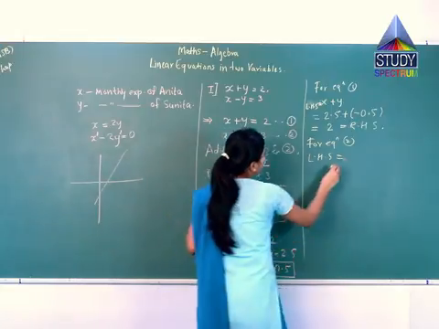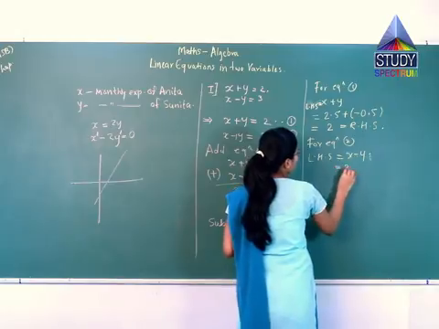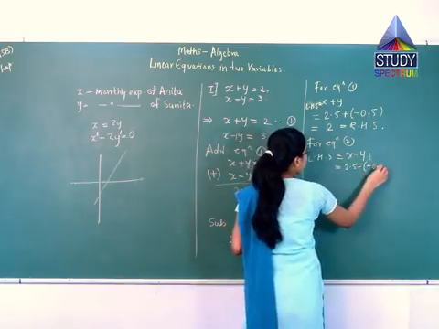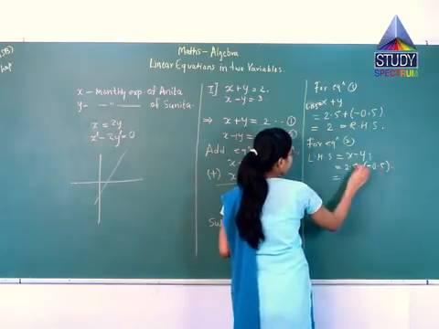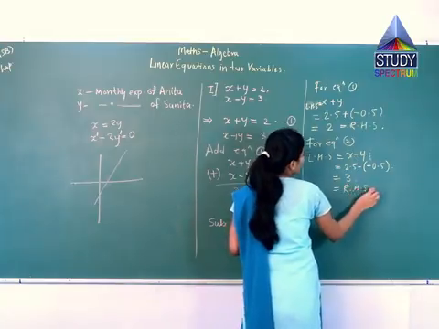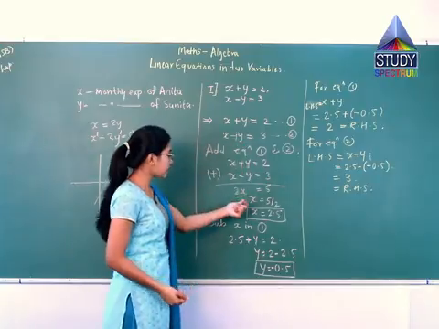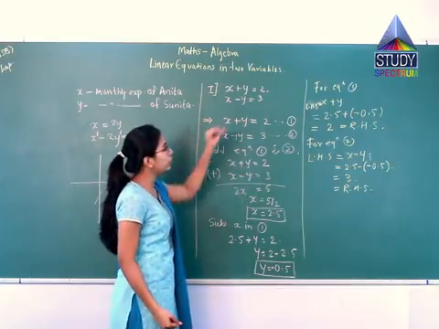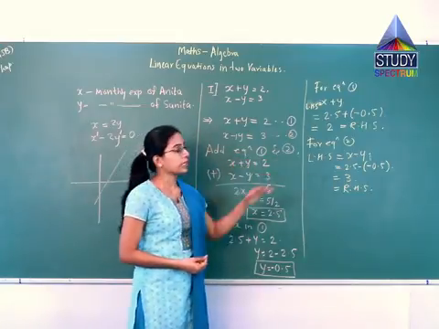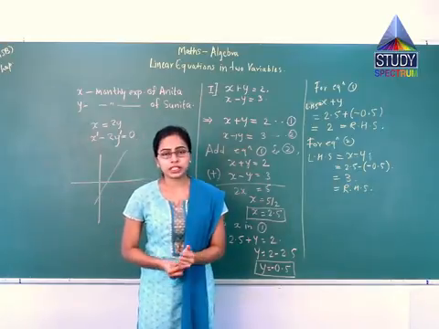Equation number 2 is x minus y. So 2.5 minus of minus 0.5. So this minus minus will become plus and you will get the answer as 3. So you can see I am putting the same value of x and value of y in both the equations, and these two values satisfy both the equations. That's why these two equations are called simultaneous equations.